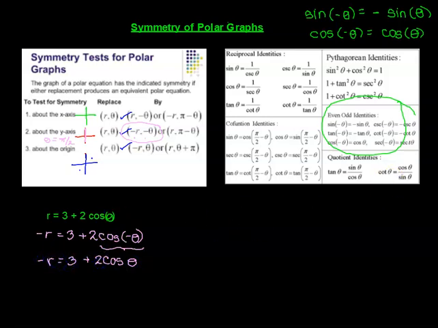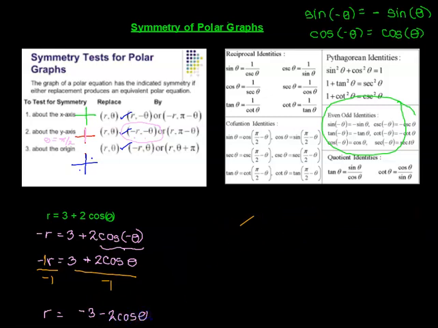Well, technically, r is being multiplied to negative 1, so to get rid of that, I'm going to divide everything by negative 1, and that'll give me r equals negative 3, because I divide each term by negative 1. Terms are separated by the plus and minus sign, so 3 divided by negative 1 is negative 3, and 2 divided by negative 1 is negative 2 cosine of theta.